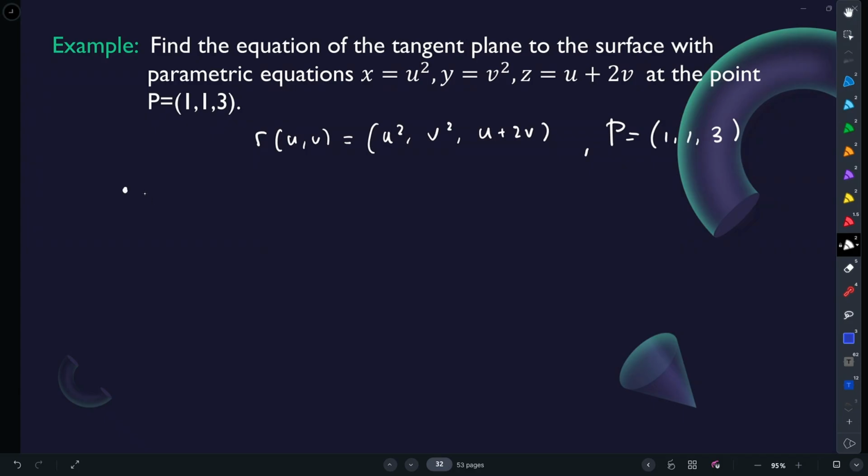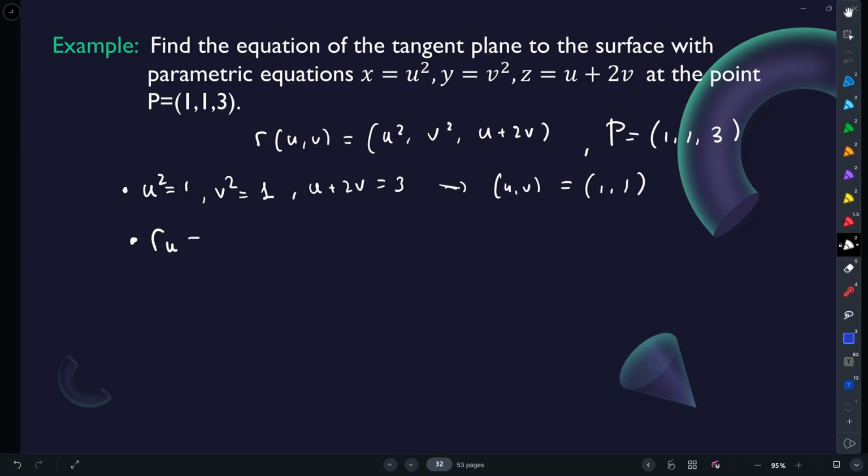They have to satisfy that u squared is 1, v squared is 1, and u plus 2v is 3. That is, u can be plus or minus 1, v can be plus or minus 1, and u plus 2v has to be 3. So all in all, the pair we're looking for is the point (1, 1) in parametric space. Okay. And now I compute partial derivatives.